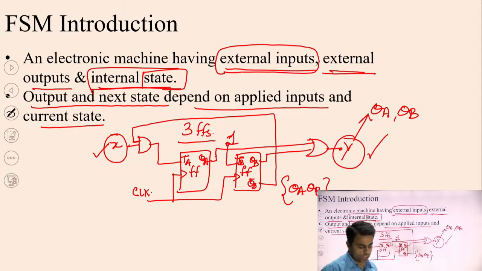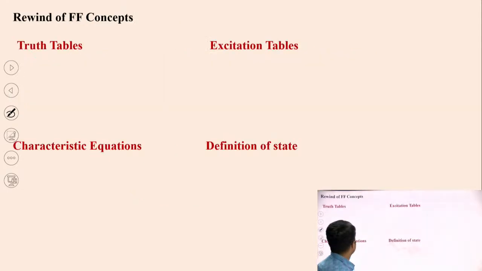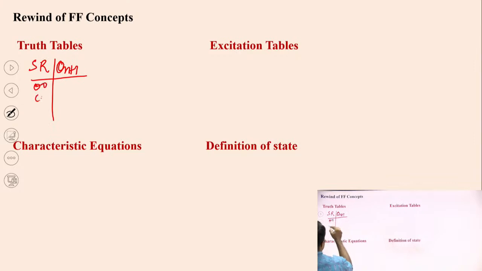Okay, let's proceed further. Before going further, we will be using these things again and again, so I am summarizing the truth tables of all flip-flops in case you have not done so. For SR: 0 0 is no change, 0 1 is 0, 1 0 is 1, and 1 1 is invalid.